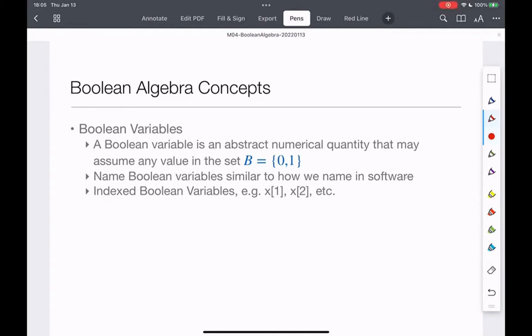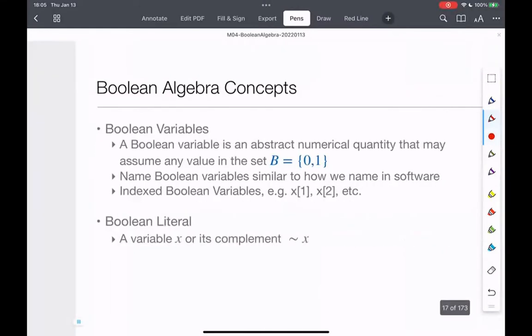In others, they go from 0 to n minus 1. In yet others, they allow you anything like start from n1 and go to n2. So it depends. Same thing out here. Different hardware, different frameworks for Boolean algebra might allow you different things. Okay, so that's Boolean variables.